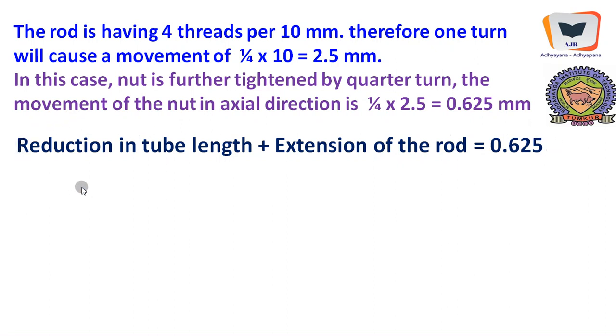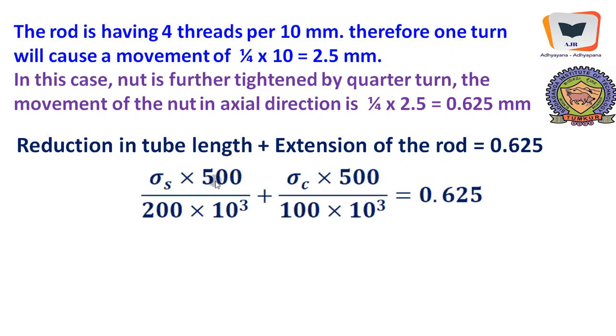In cases where the change in dimension is induced, here it is induced by rotation of the nut, rotation of the nut will compress the component that is to be fastened, while it will apply some kind of a tensile force on the stud carrying the nut.